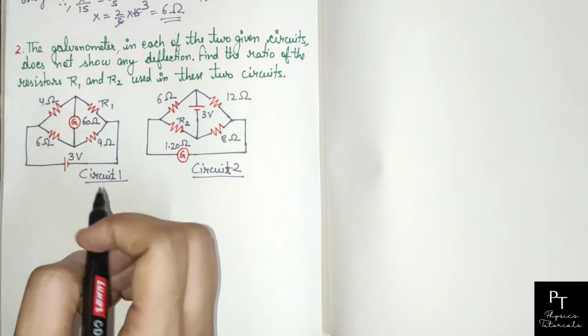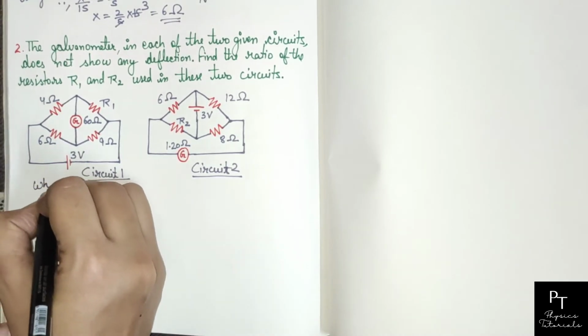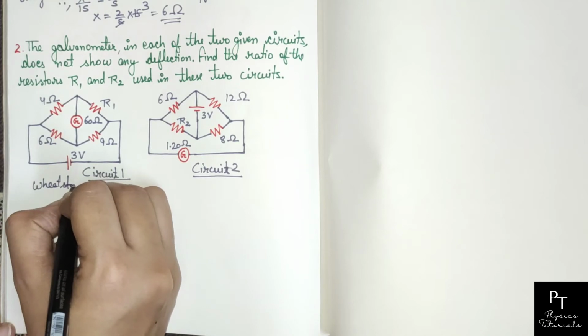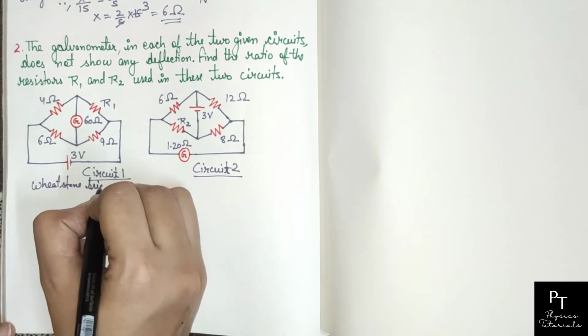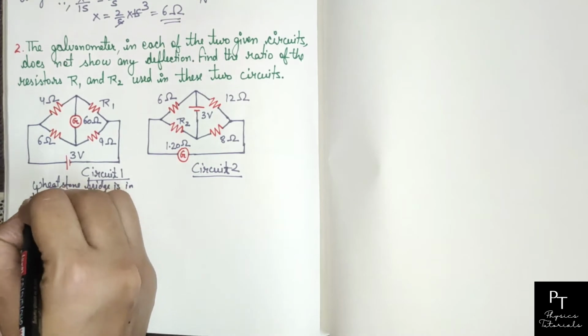So we can write, so in circuit 1 Wheatstone bridge is in the balanced condition.